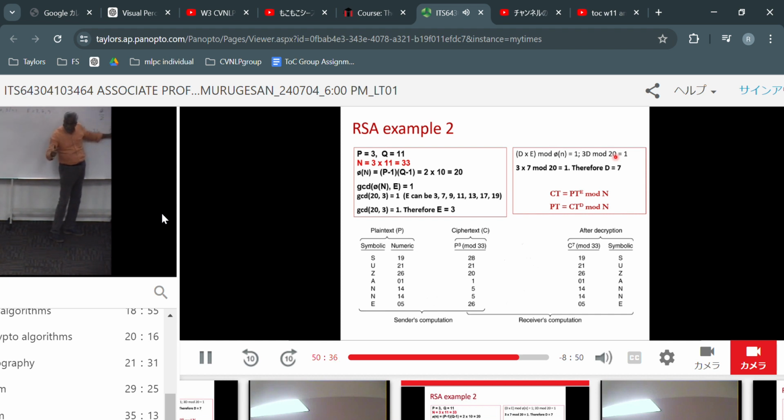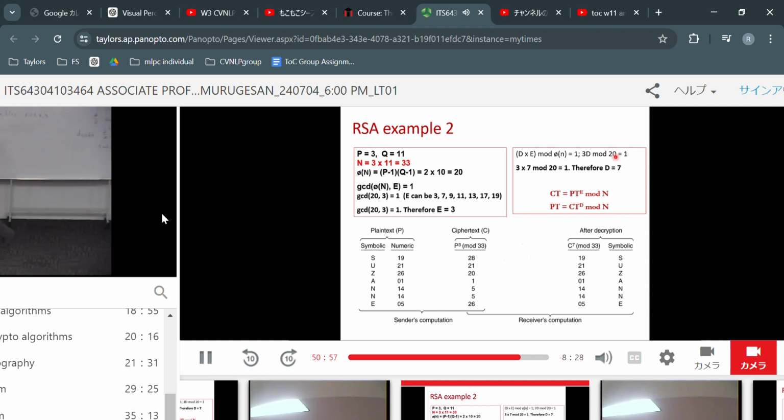In mod, the quotient is ignored and only the remainder is taken. So I can rewrite this: 5 mod 2 is equal to 1, because we basically divide 5 by 2 and take the remainder, that is 1.